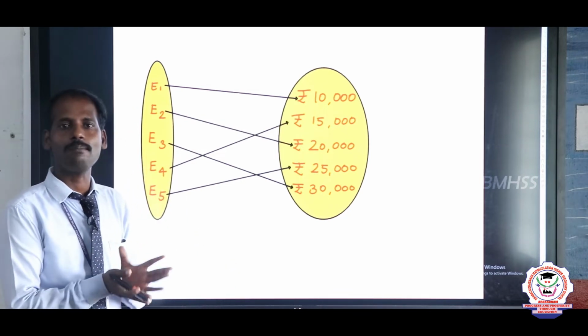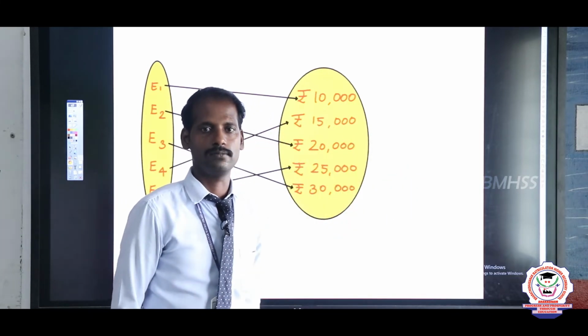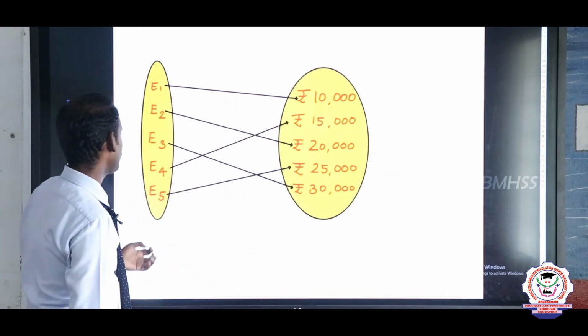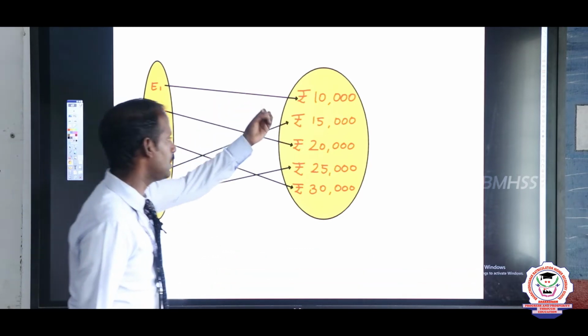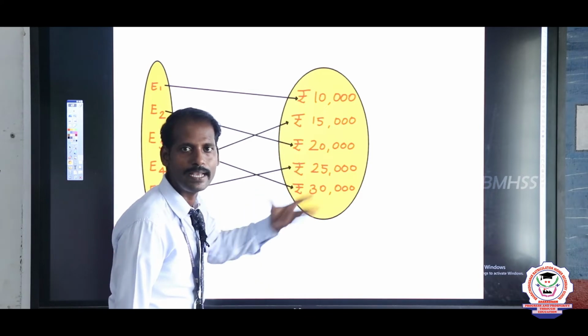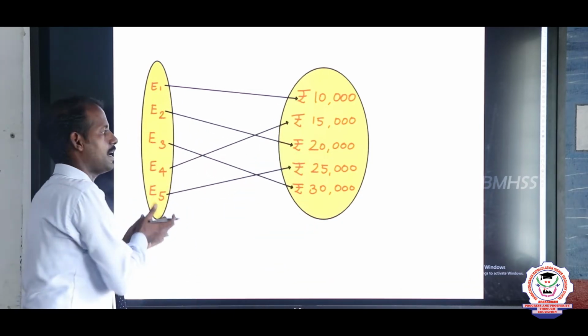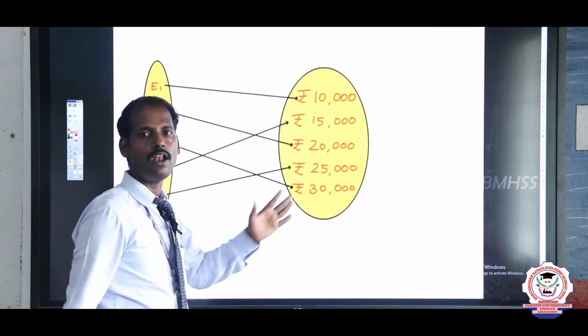So every element has one unique image, it is called a function. Here 5 different elements get single salaries, single images, that is called a function.